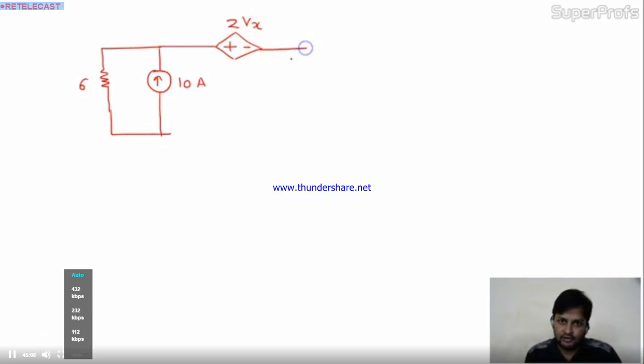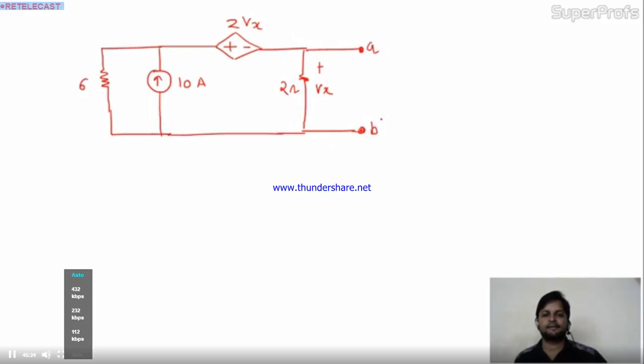This is a voltage source. And here 2 ohm is the given resistance. Across this resistance we have Vx, and the terminal points are A and B. Correct? Now come to the solution part.